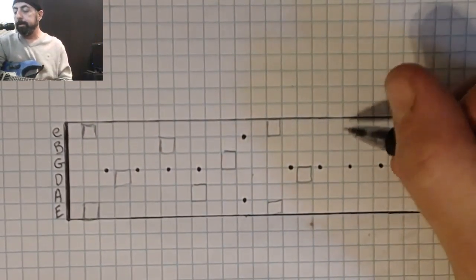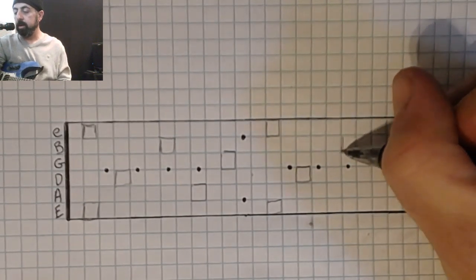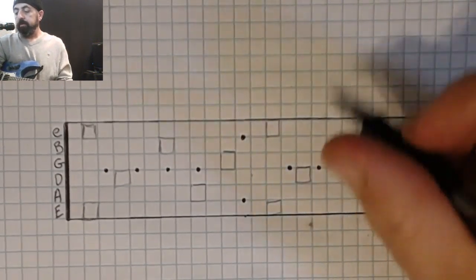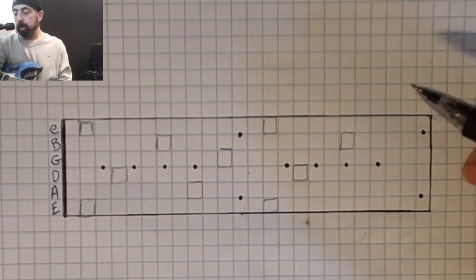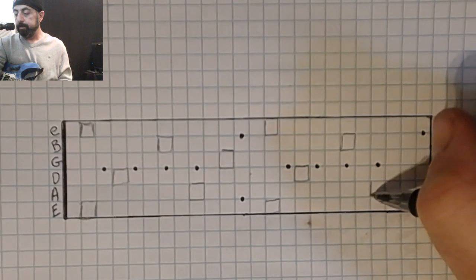Anyways, continuing our finding of our F sharp notes, which is way up the fretboard here. We've got that, we've got this.